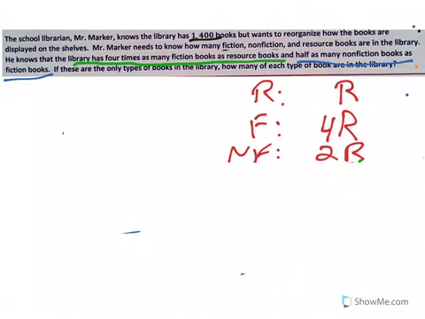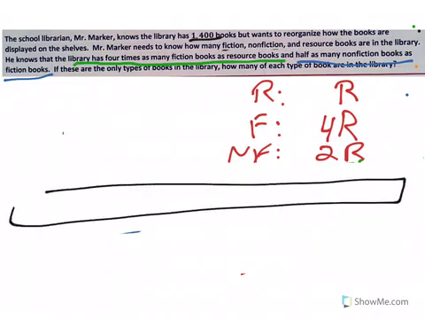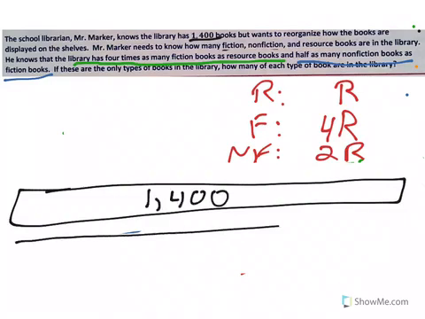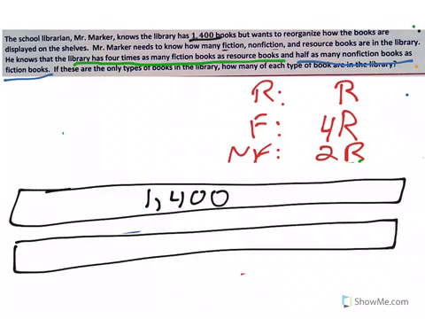Now I can really put these together, because here's the deal. I know my total amount of books, here's my tape diagram for my total amount of books, is 1,400. I know that all of these types of books added together are going to give me my total.